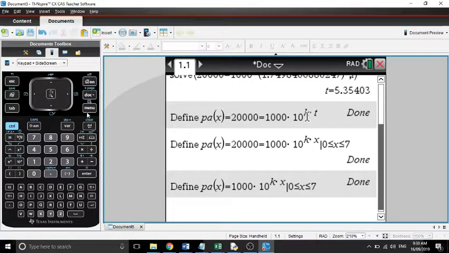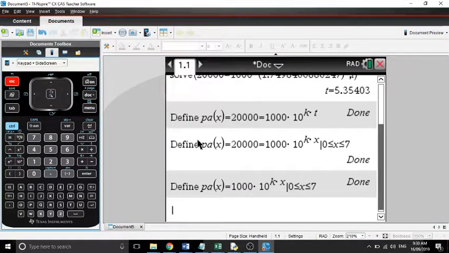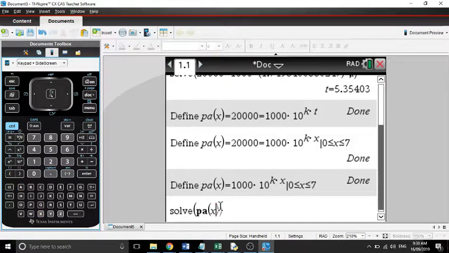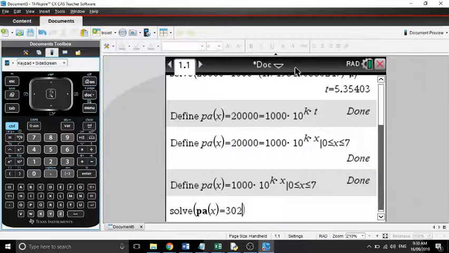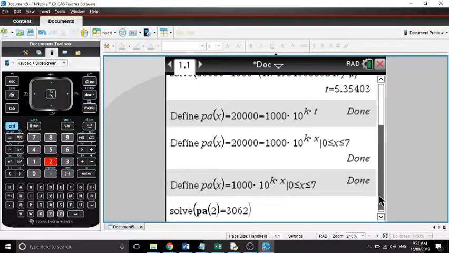So what we're going to do is solve PA of X equals 3062, except this is 2 days. So I'm going to leave that as it is and solve that for K.